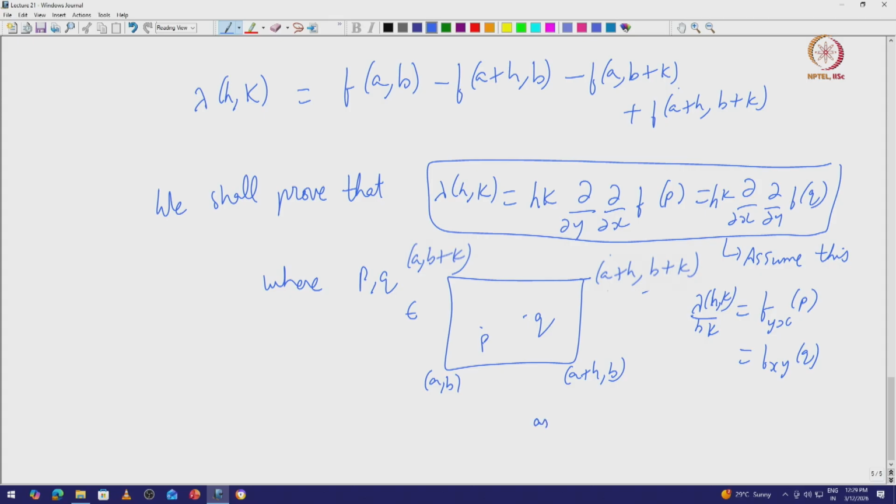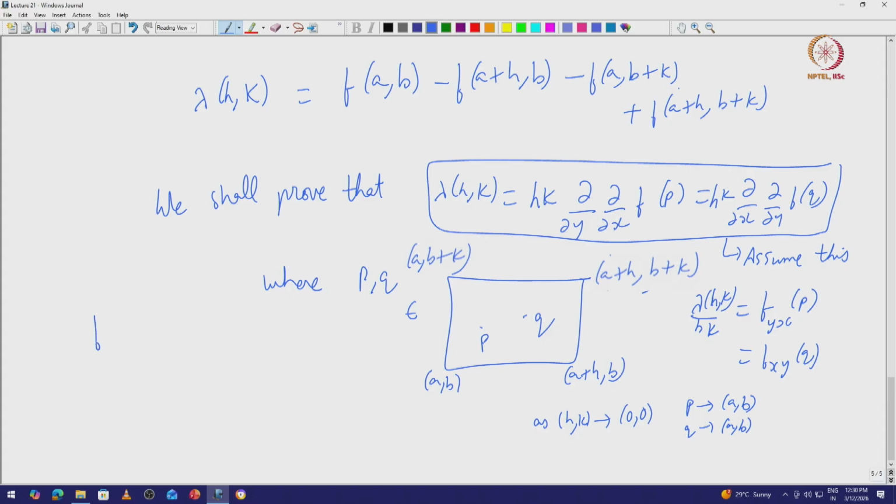Now as h comma k goes to 0, 0, right, p goes to a comma b, q also goes to a comma b. Why is that so? Because the x coordinate of p is between, for example, a and a plus h. So by the sandwich theorem, as h goes to 0, the x coordinate of p goes to a. Likewise, the y coordinate of p goes to b. Again, by the sandwich theorem, for q also the same reasoning applies.